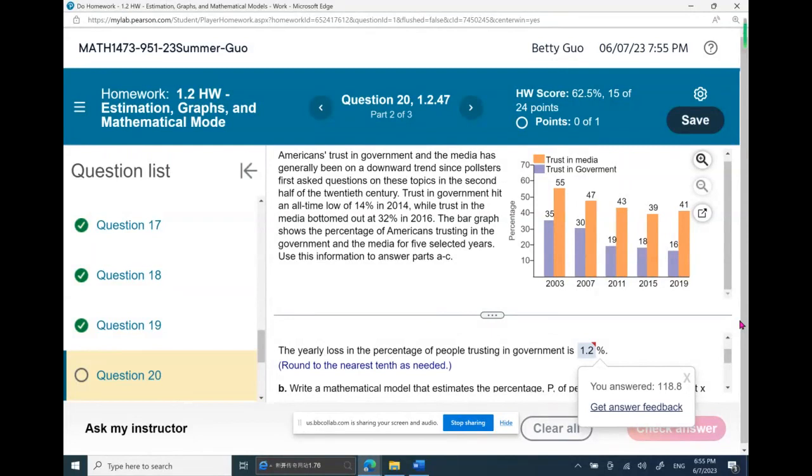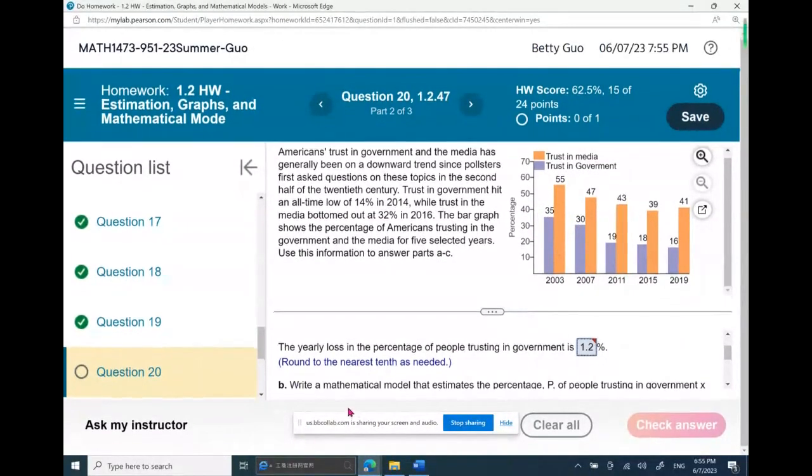Divide 0.19 by 16 years. We have 0.011875. And to percent, that is 1.1875%, rounded up 1.2%. So we practice, we learn, right? Those are percentages, so we should use 35%, not 35.